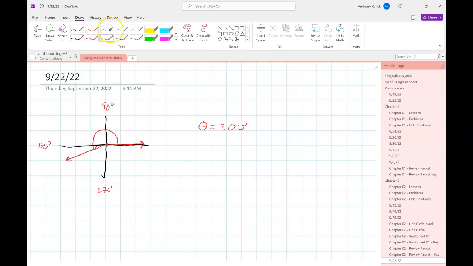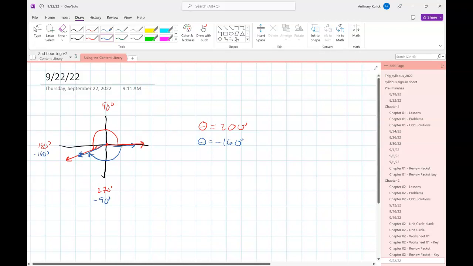An angle that's coterminal to that is any angle with a different measure whose terminal side lies in the same direction. For example, negative 160. This is like negative 90, this would be negative 180, so negative 160 would lie somewhere in between, closer to negative 180 than to negative 90.